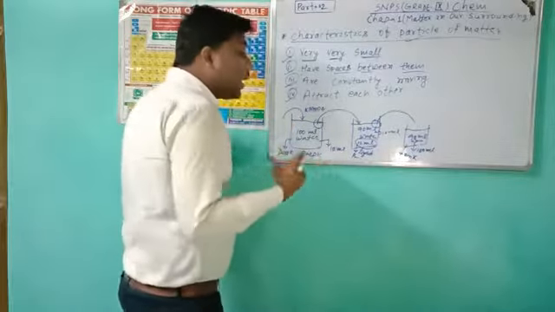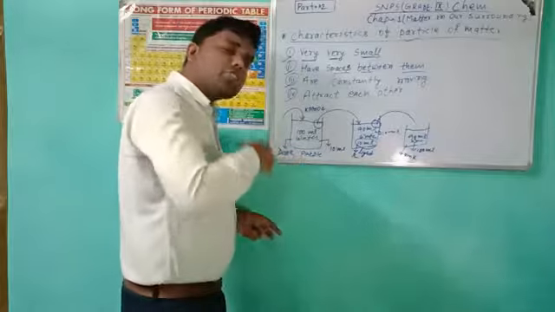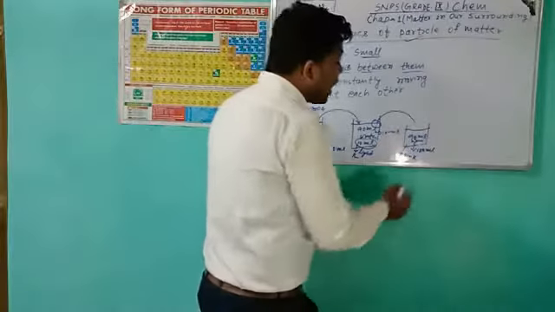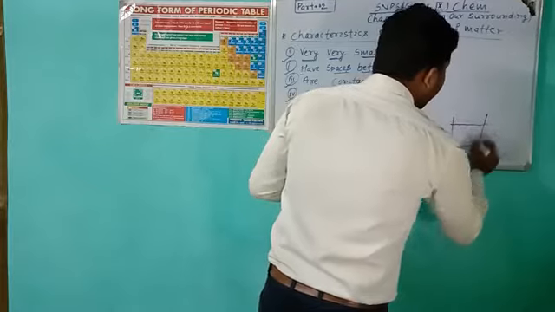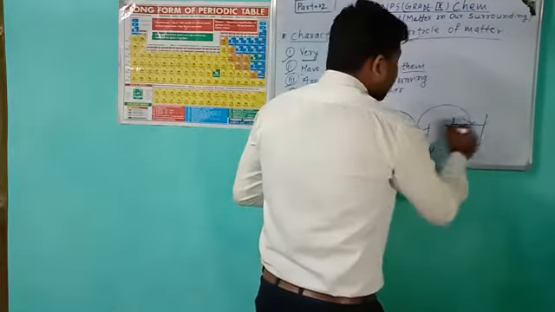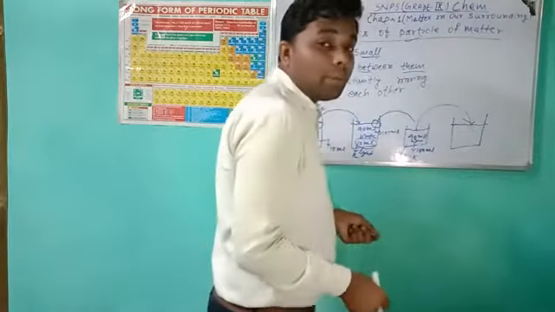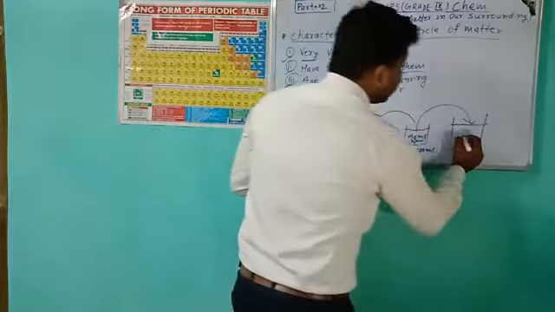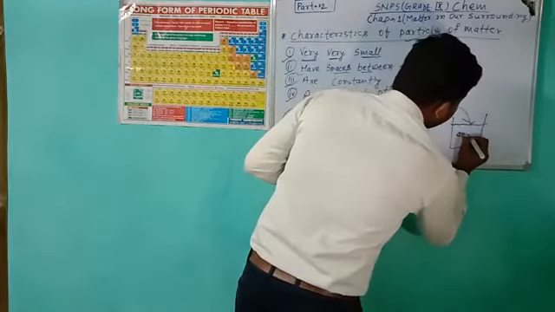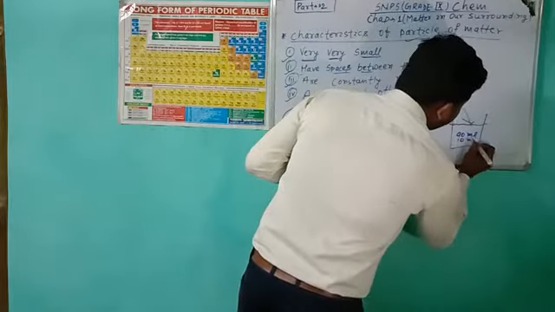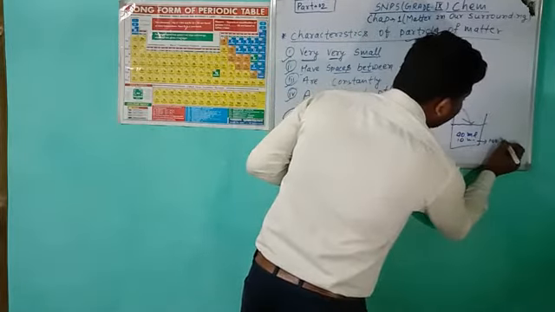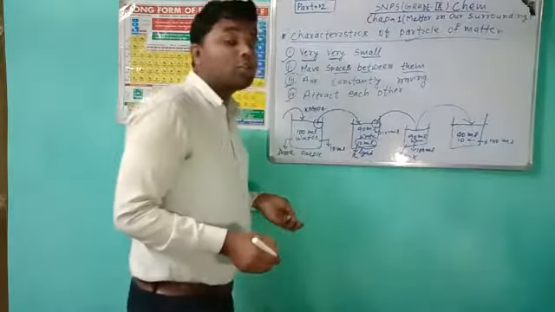Going further and doing the same thing again and again, lastly we observe that if we take 10 ml potassium permanganate solution to the next beaker, in which 90 ml water is already present, then 90 plus 10 is equal to 100 ml of potassium permanganate solution.